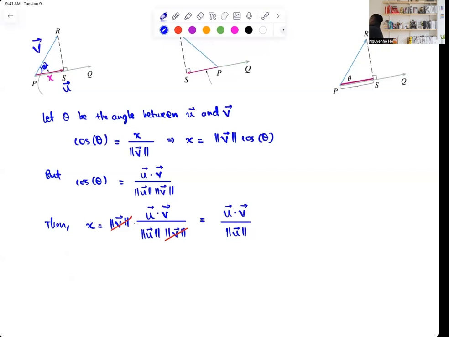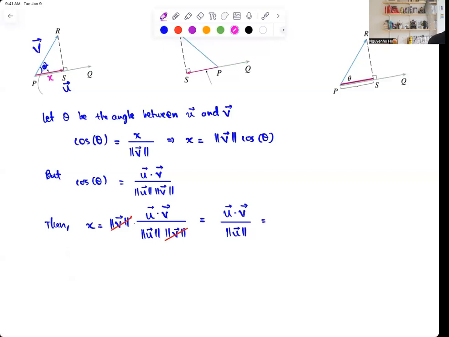When you apply the projection of a vector onto another vector, we are getting a shadow, and these calculations give you its length.